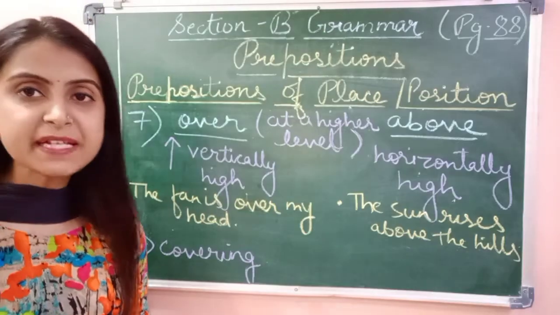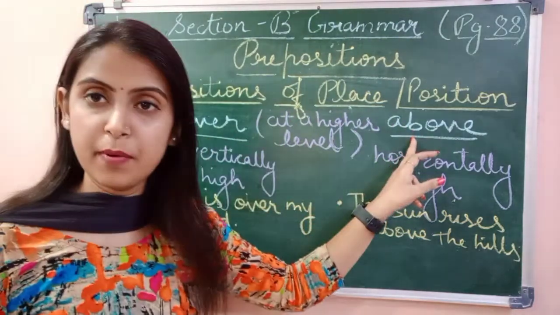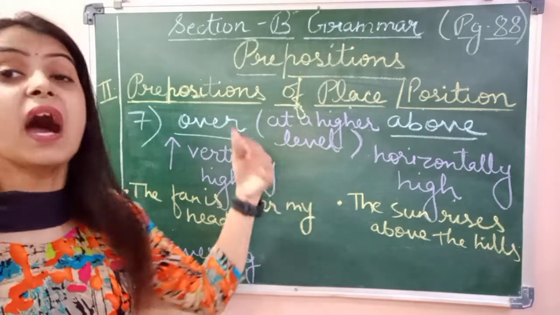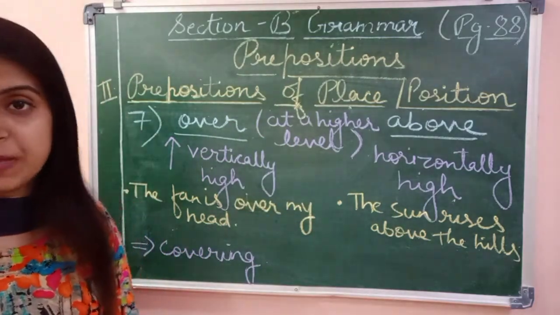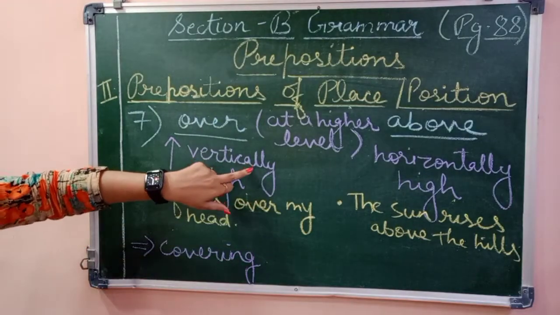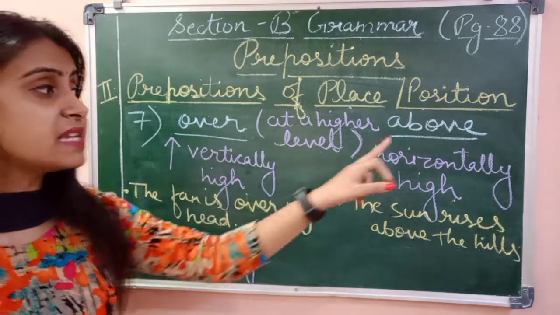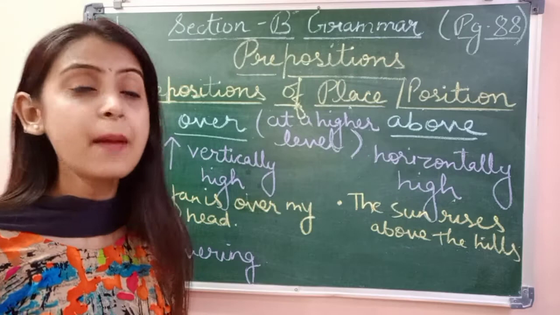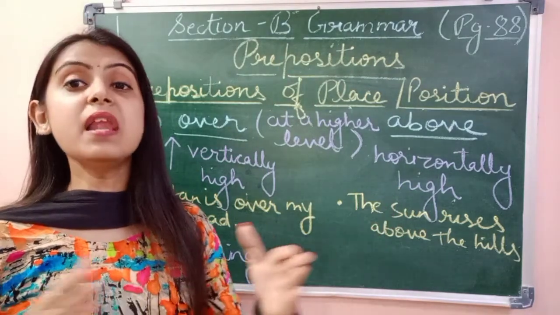Okay. The next preposition of place in the row is over and above. Over and above both mean at a higher level. Then how will we differentiate between both of them? Over is used when we talk about something that is vertically high. Okay, and above is used when something is not vertically high but horizontally high, and you can say it covers a large area.